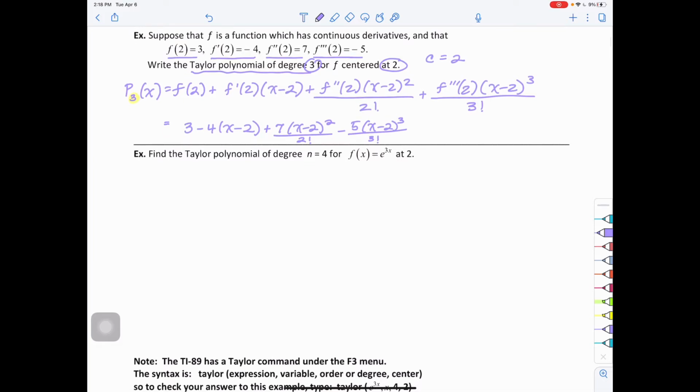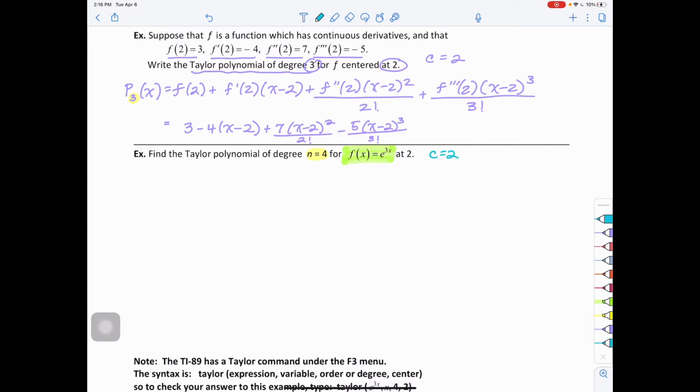Find the Taylor polynomial of degree n equal 4. So we need a fourth degree Taylor polynomial. And here is our function, and we would like that centered at 2. So this time, they don't give us the function values.